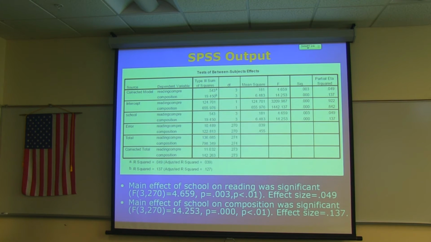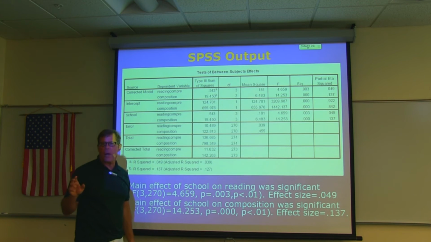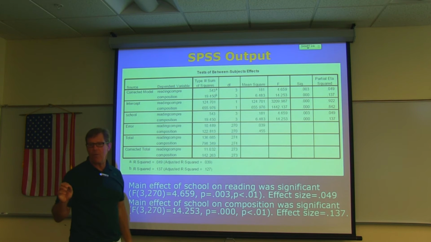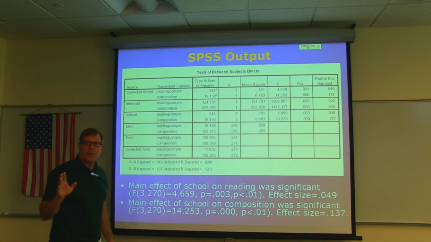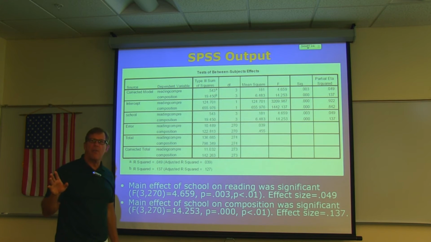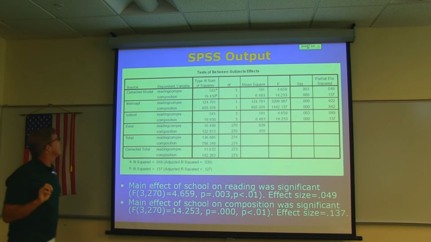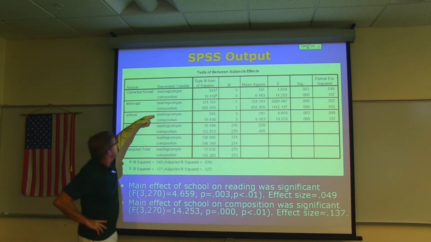Test of between subjects effects. Now in your MANOVA course material, in your module, it told you that if we have a significant omnibus MANOVA F, we have a series of post hoc tests. The first one is a series of univariate F tests. It's a series of one-way ANOVAs on each dependent variable.